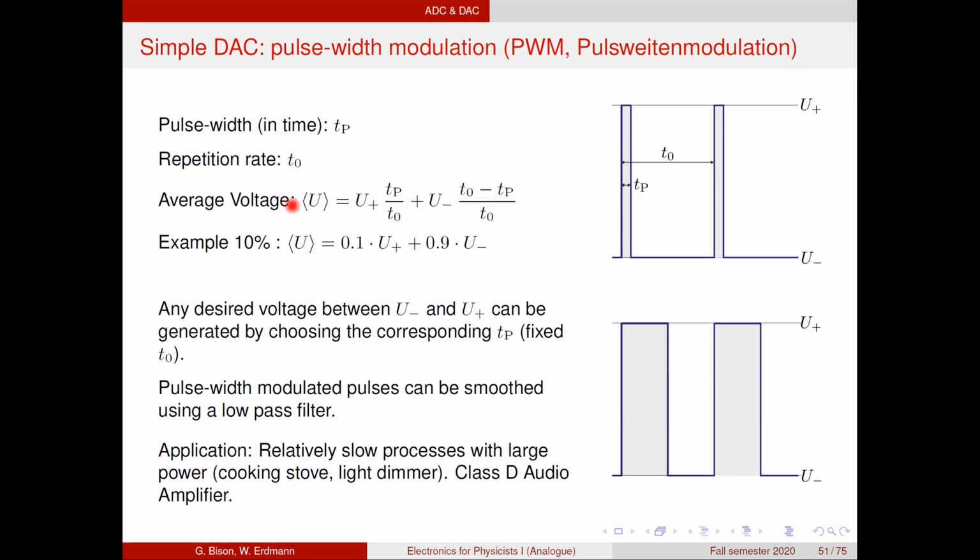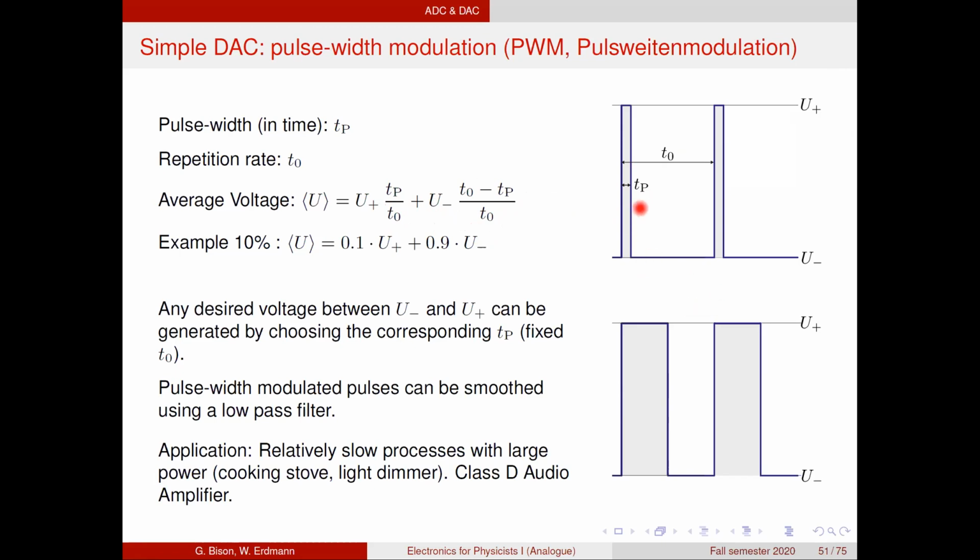So the average output voltage that we get is the plus voltage value times the relative time it's connected to plus, plus the minus reference voltage times the remaining fraction, which is the total time minus the pulse time, divided by the total time.